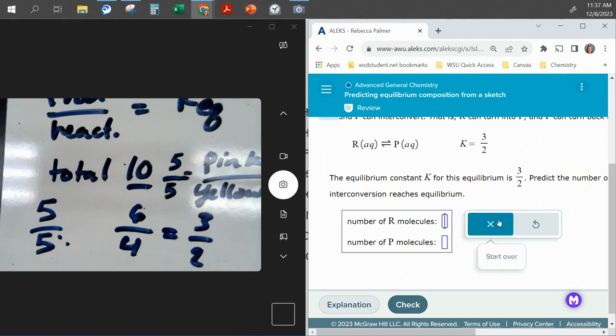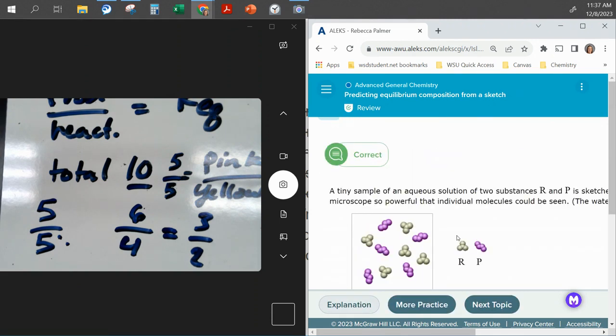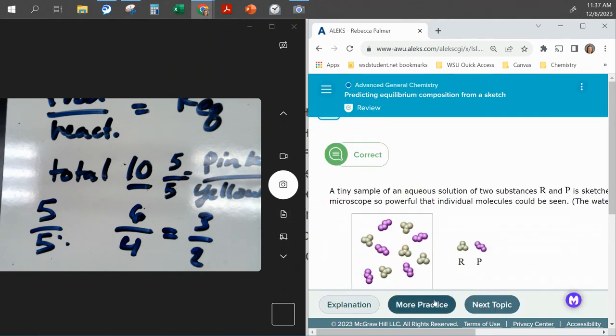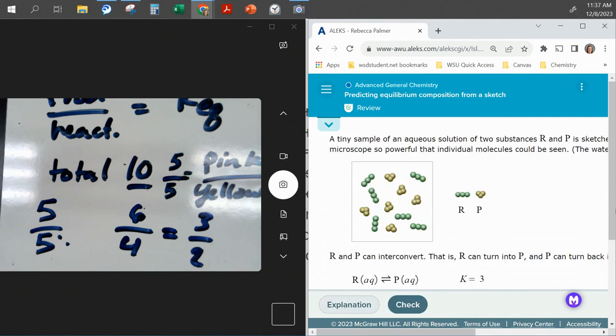So we have 4 reactant molecules in this picture, and we'll have 6 product molecules in this picture for this to be at equilibrium. Does that make sense? Okay. So not too bad, I just have a hard time with fractions sometimes. Oh, let's do another one of those. Okay, so we have this picture.